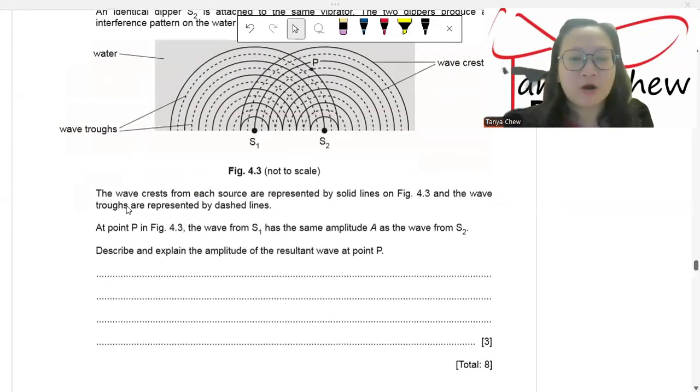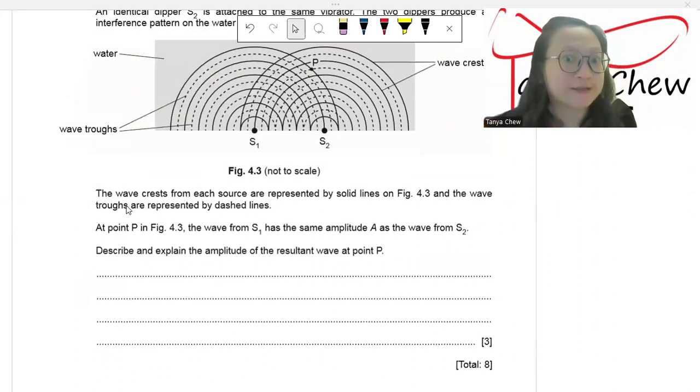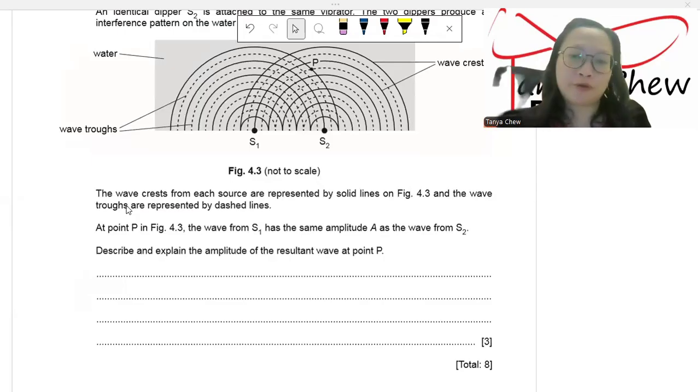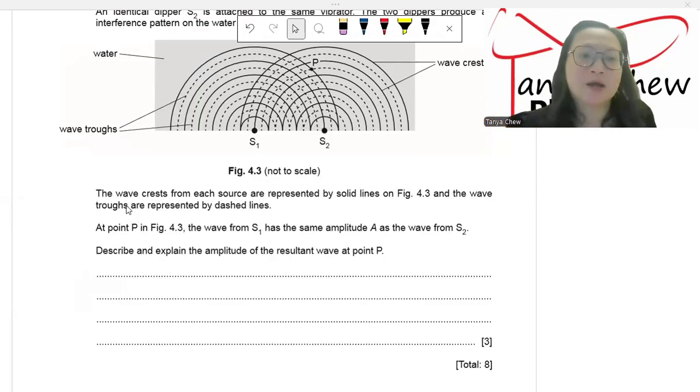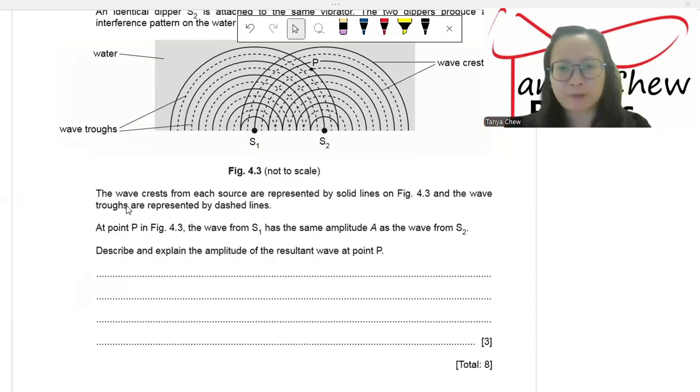The wave crests from each source are represented by solid lines on Fig 4.3, and the wave troughs are represented by dashed lines. At point P in Fig 4.3, the wave from S1 has the same amplitude A as the wave from S2. Describe and explain the amplitude of the resultant wave at point P.